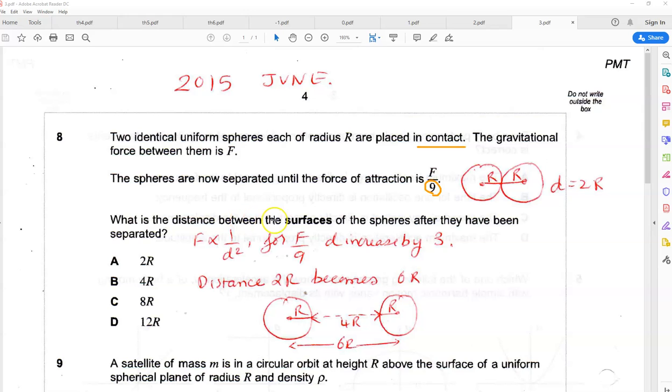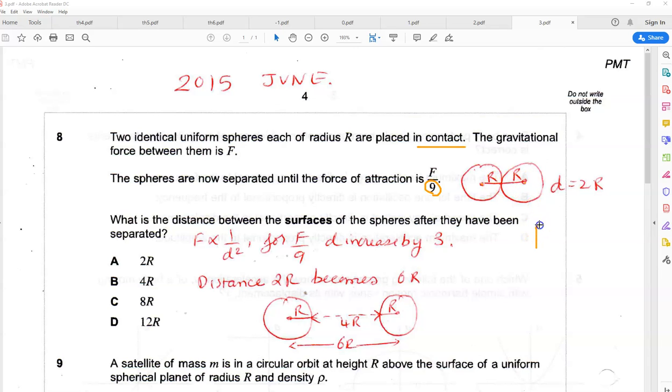What is the distance between the surfaces of the spheres after they have been separated? Again, it's very helpful sometimes if you can picture the problem. It says two uniform spheres of radius r are in contact. So I've got two spheres here that are touching each other, and the center to center distance is 2r, r of this radius and r of the other radius.